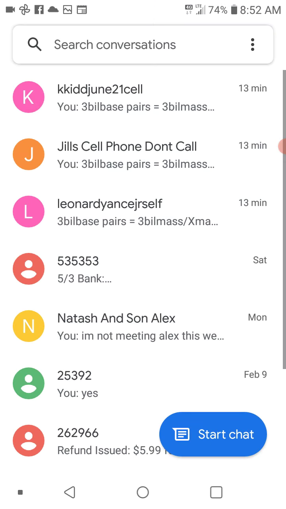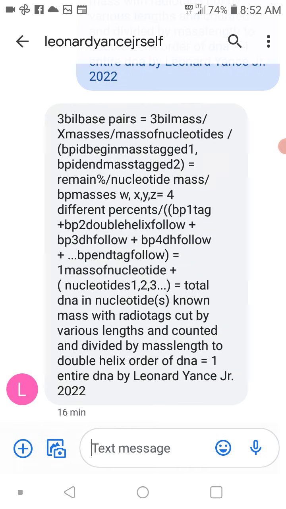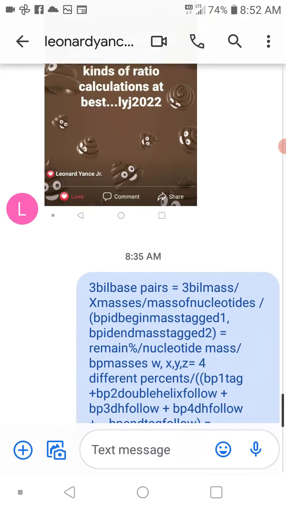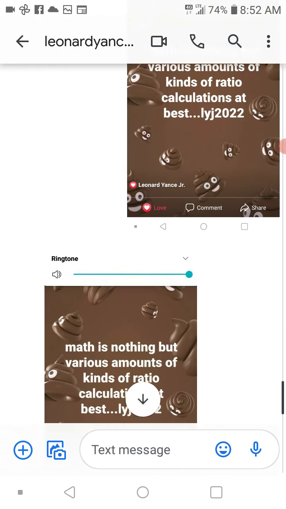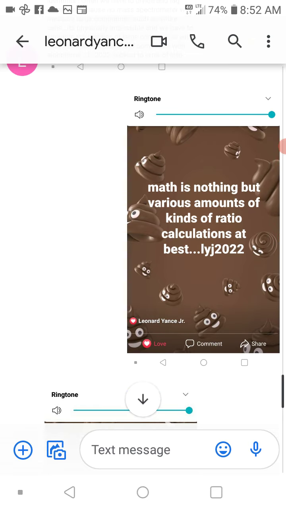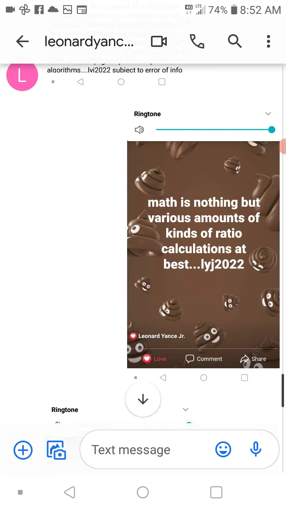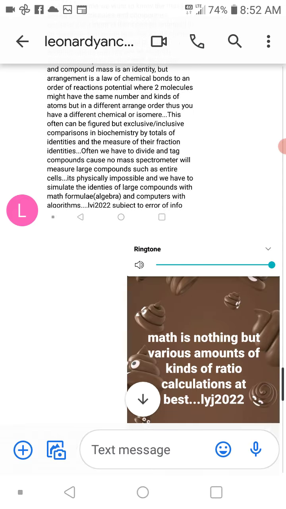And also, when it comes to math, it is nothing but various kinds of ratio calculations.